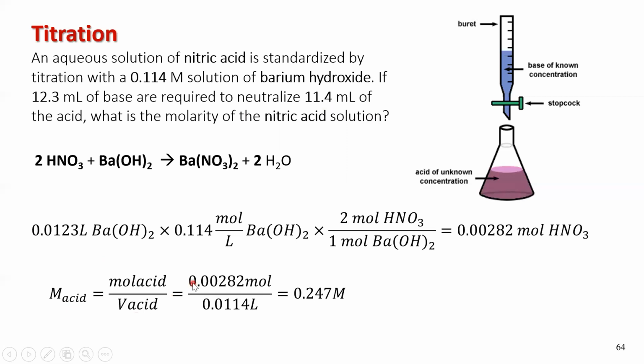So we would take 0.00282 moles, divide it by 0.0114 liters, and we can calculate what the molarity of that unknown acid is. That's the concept behind a titration problem. It's really just knowing what molarity is and knowing that a balanced equation is a mole ratio. It's kind of combining different things together.